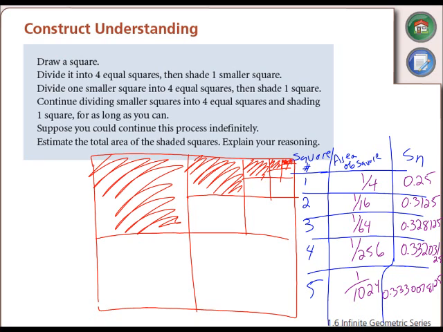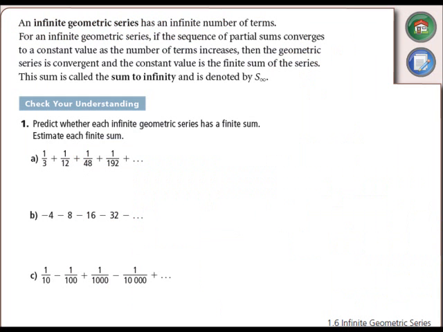Well, that number there is getting pretty close to 0.333 repeating. Or in other words, 1/3. So an infinite geometric series has an infinite number of terms.